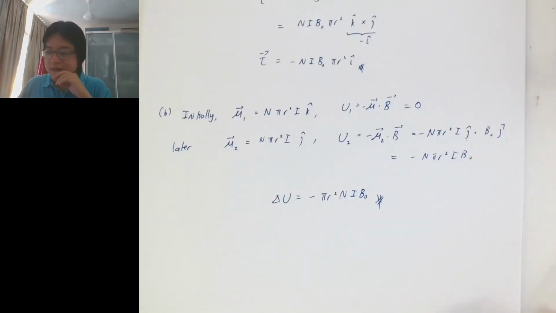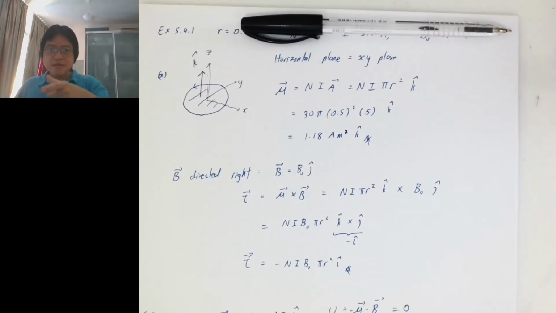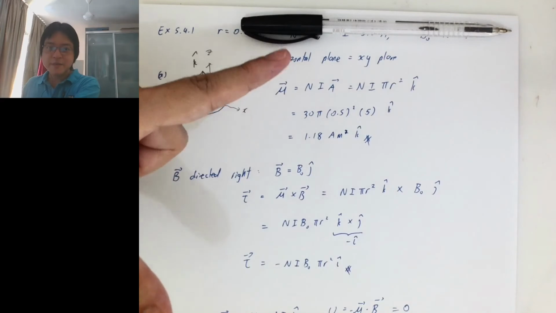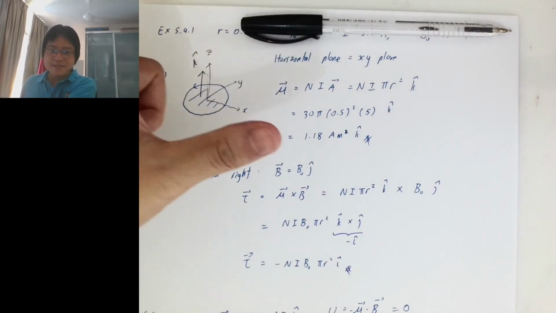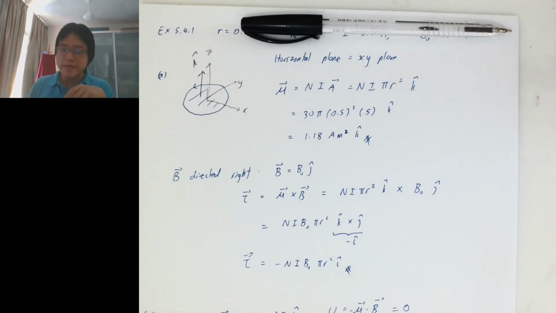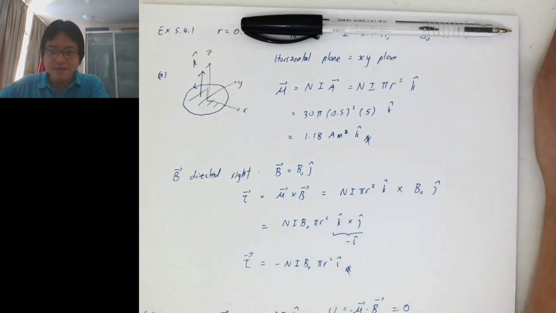Notice that your answer doesn't really matter, right? The direction, because your axis is something that you define, right? So I define my axis like this, so my right is here, but if your axis is this way, then your right is the j direction. So it should not depend on the choice.